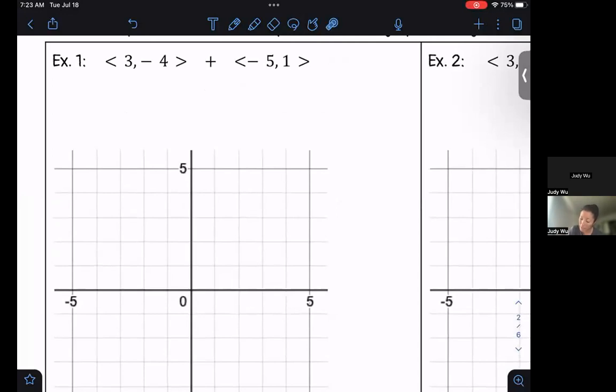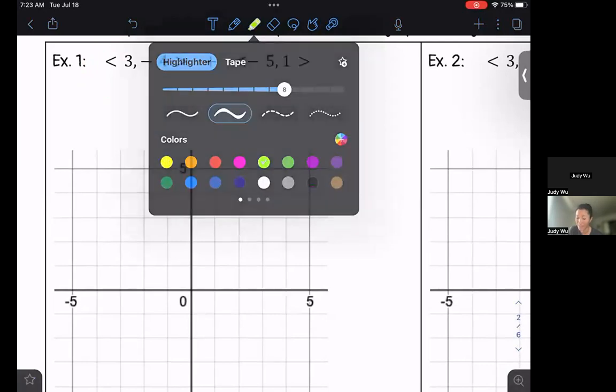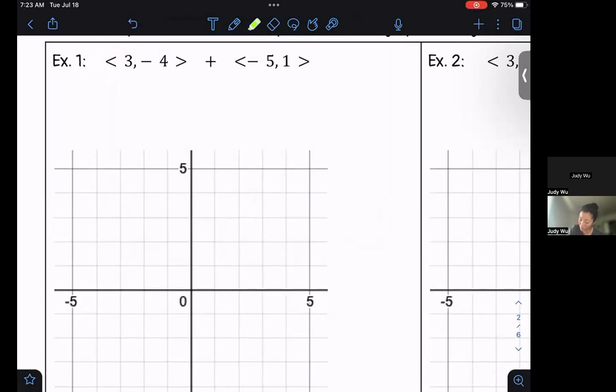We have some standard form vectors here, right? With the brackets, the pointy brackets. And we have 3 comma -4 plus -5 comma 1. And as it turns out, vector addition works exactly how we would want it to work.